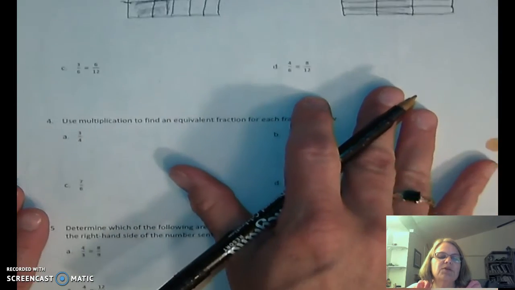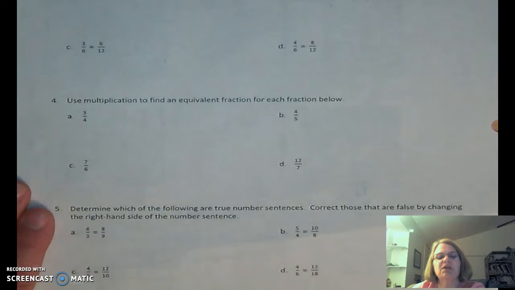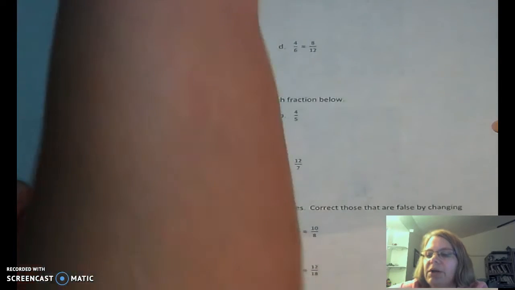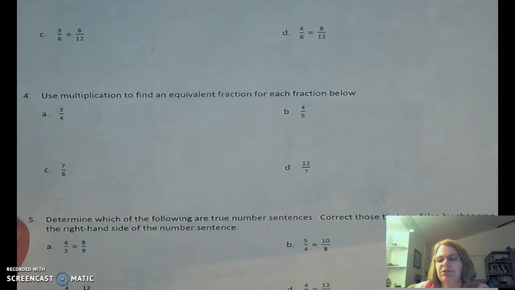Okay. Number 4 says, use multiplication to find an equivalent fraction for each fraction below. I want you to do 2s, 3s, and 4s. So I'm going to start with, it doesn't tell you what equivalent fraction to make it.